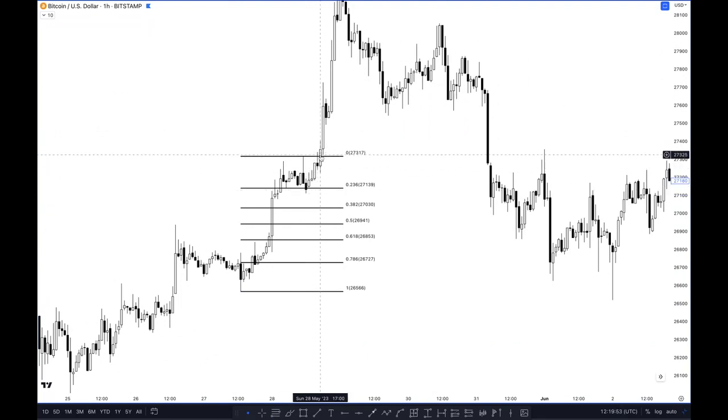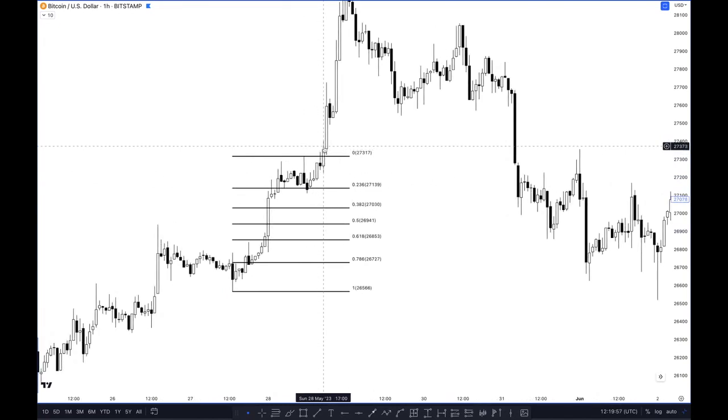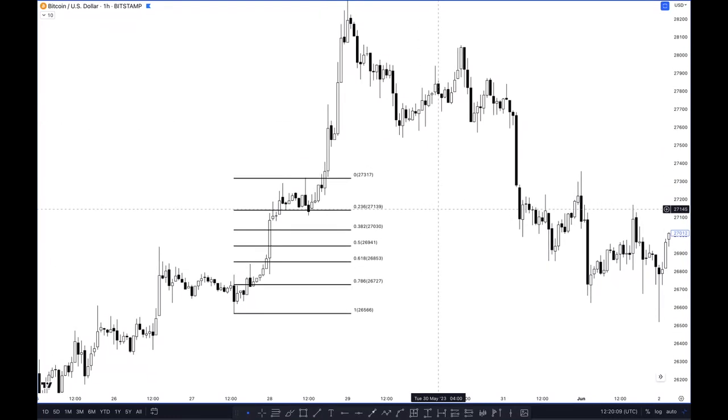When that breaks out, if you have a breakout trading strategy, you could say there was a valid fib retracement. It went to the 0.236. It then broke out. And if I had a valid setup for my breakout trade, I could go long. Again, you don't go long because of the fib. You use the fib in combination with other factors to indicate and estimate a high probability trend.